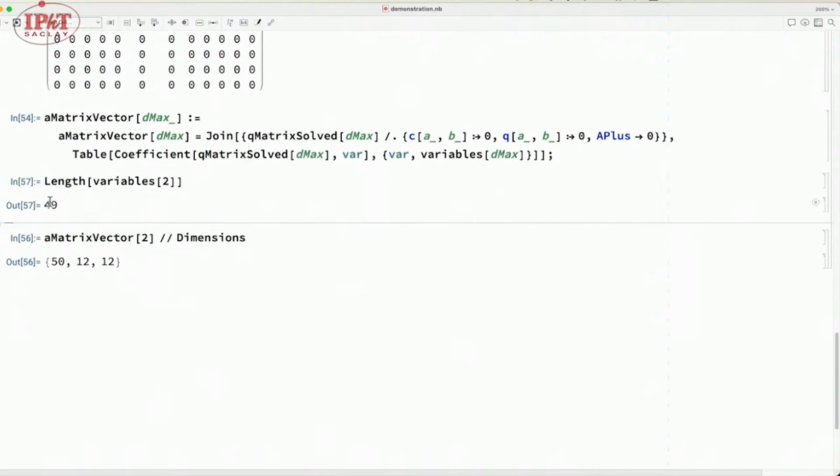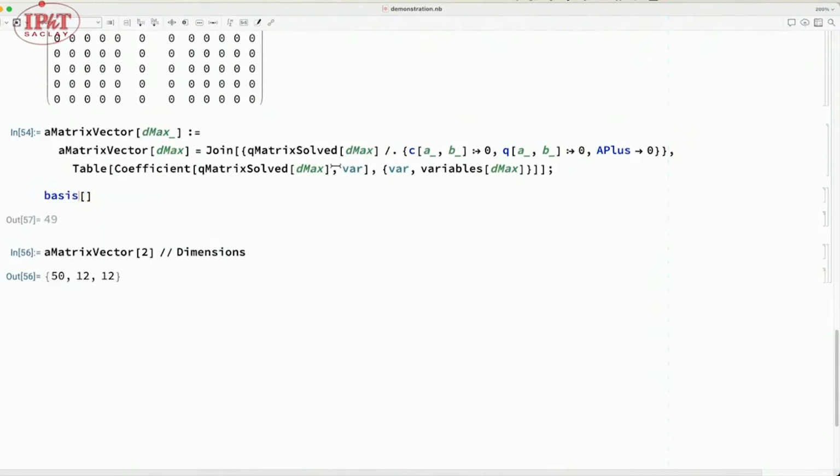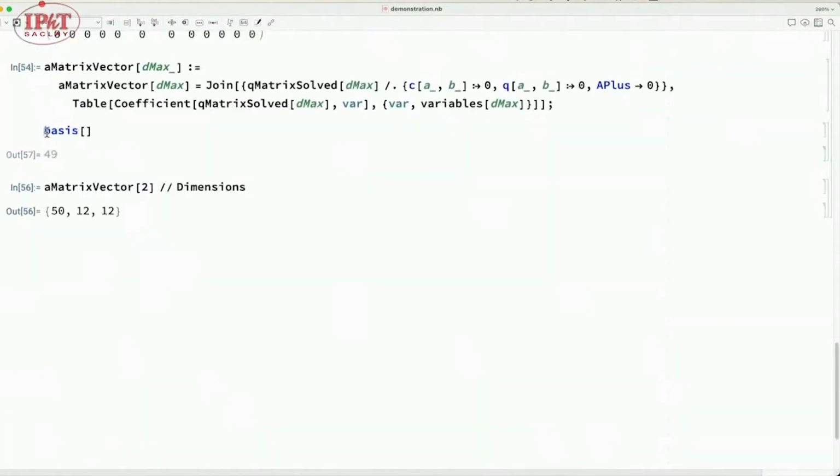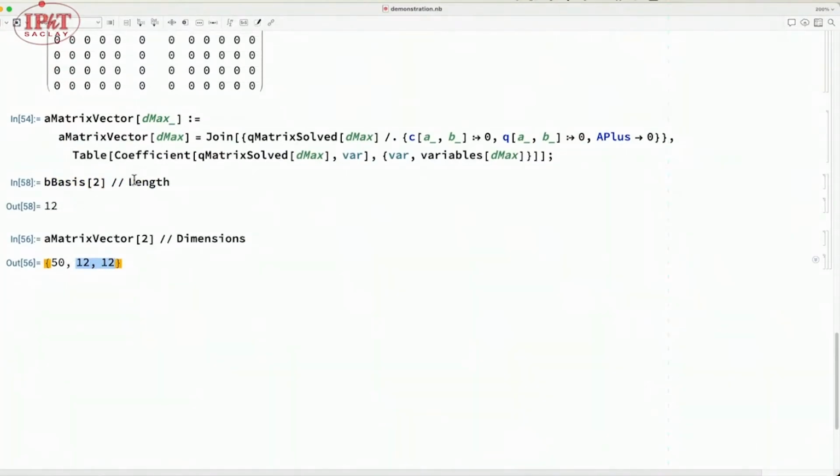Right, because there are 49 variables, but there's also the constant term. And the matrices are 12 by 12 because that's our D basis. The length of the D basis should be 12. Yeah, so there are 50 12 by 12 matrices.